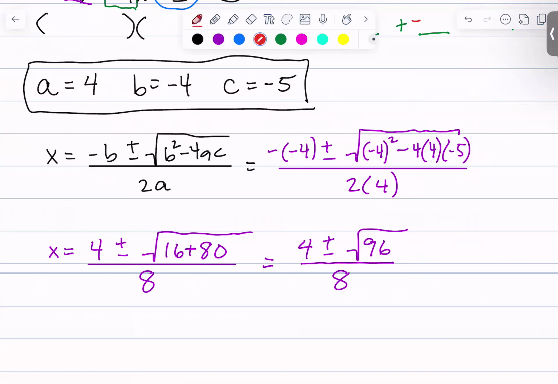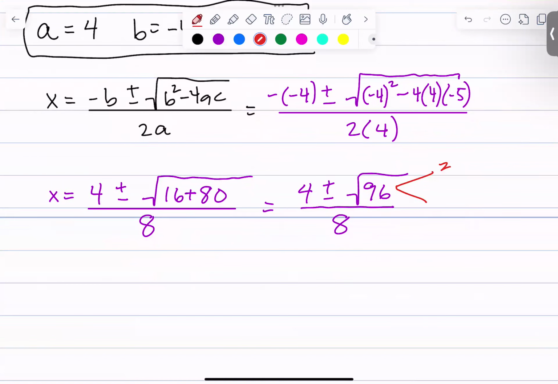Now with the 96, we're going to simplify that. What two numbers multiply to 96? Any two numbers. If it's difficult to find, or you don't know right off the bat, you can always take out a 2. 2 times 48.